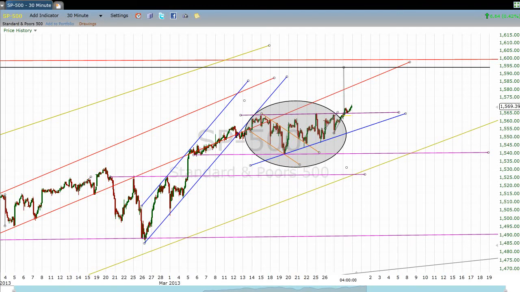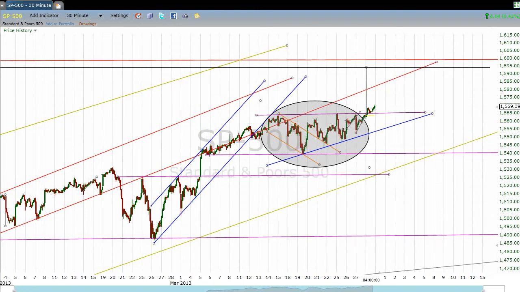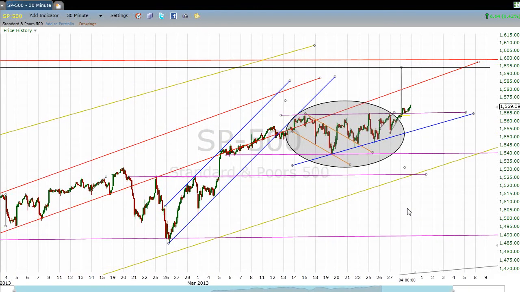And you might think at first glance that whoa, that really means it's a strong market. Well, what do they say? They say bull markets climb a wall of worry.